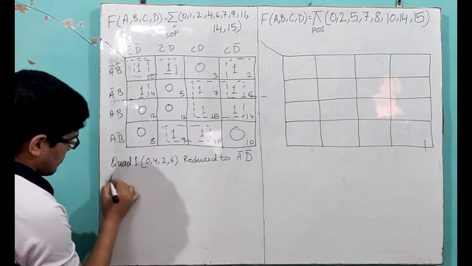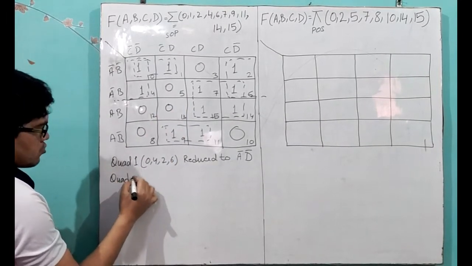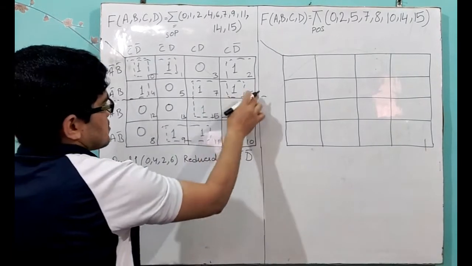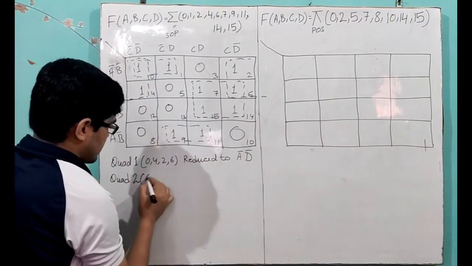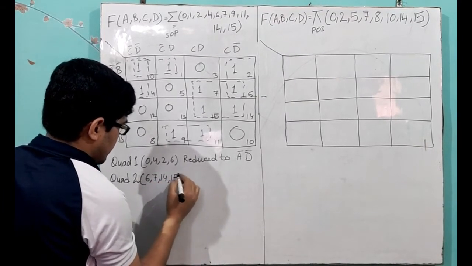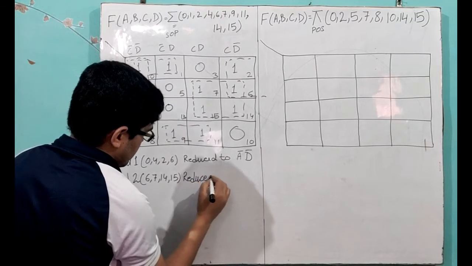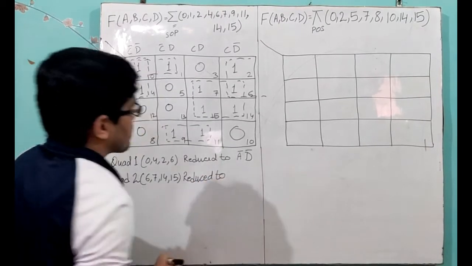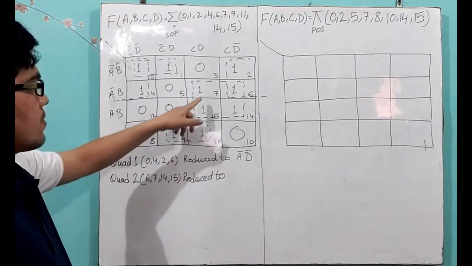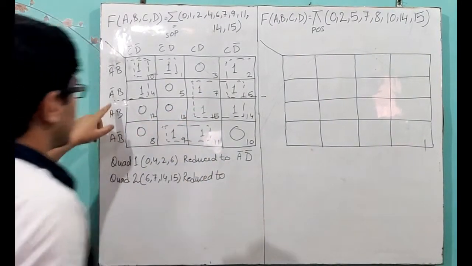Now check the next quad, quad 2. Elements are 6, 7, 14 and 15. Now check which elements are not changing.